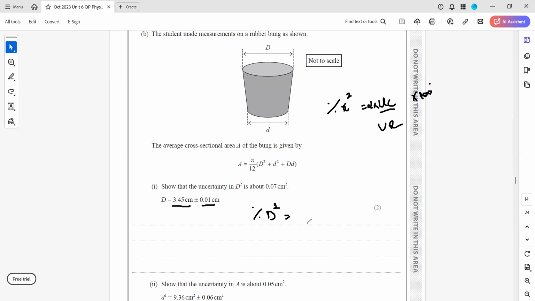So first, you can determine the percentage uncertainty in d, and in d squared it will be double.